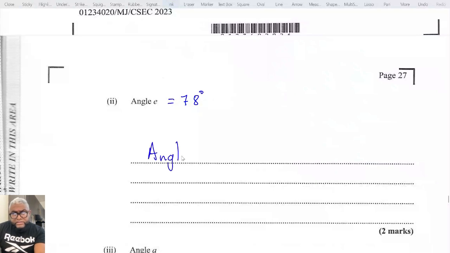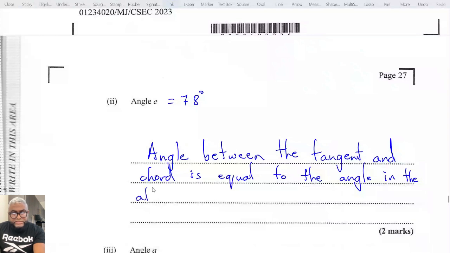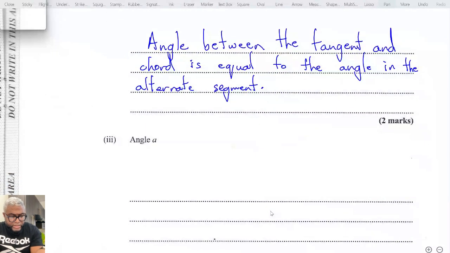Reason: the angle between the tangent and chord is equal to the angle in the alternate segment. Angle E.